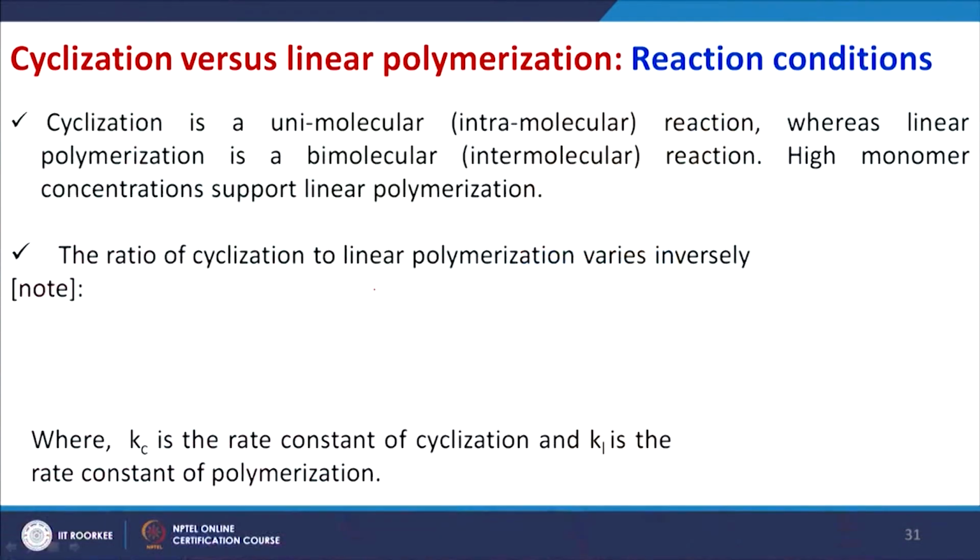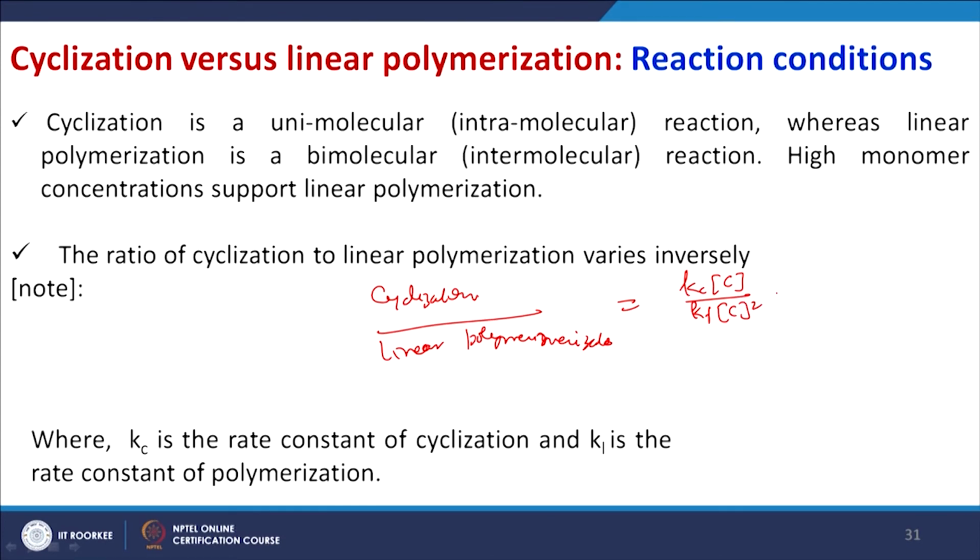So, the ratio of cyclization to linear polymerization varies inversely with monomer concentration, that is Kc upon Kp.